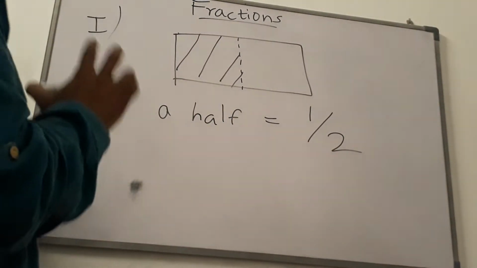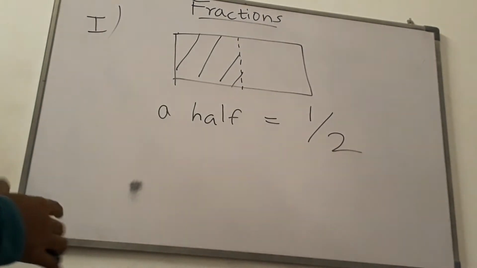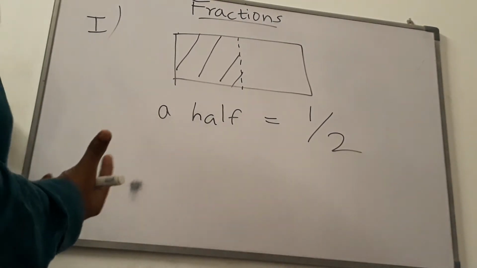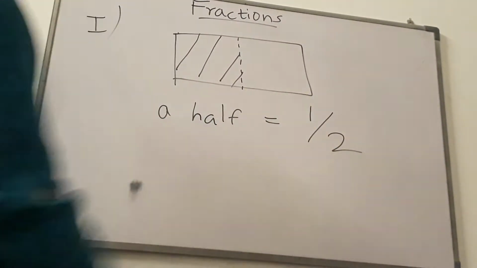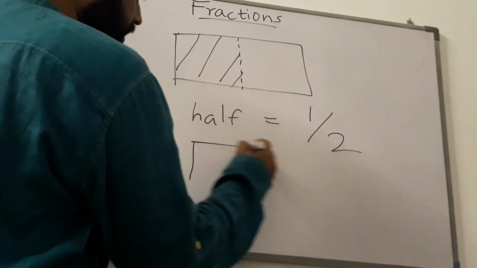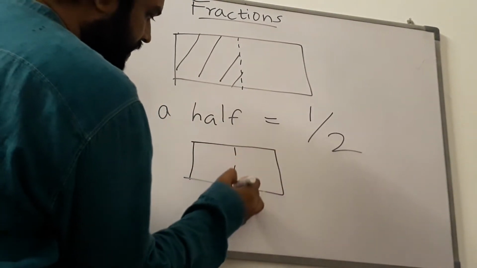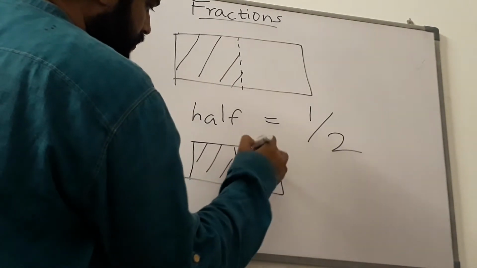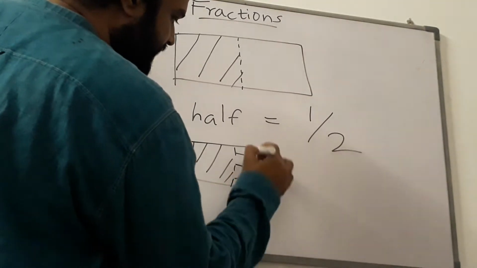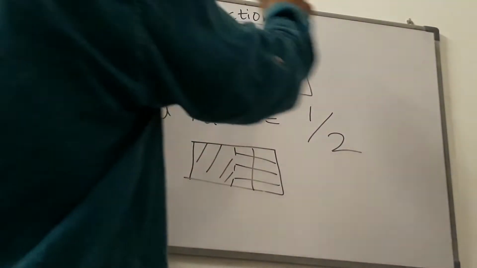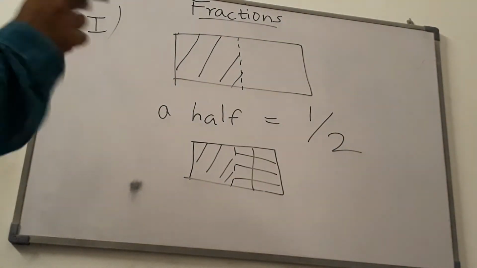When we color a part out of all equal parts, a part is known as a unit fraction. Okay, so this is a unit fraction. And also I must say, if we add two halves together, it gives you a complete whole, complete rectangle.